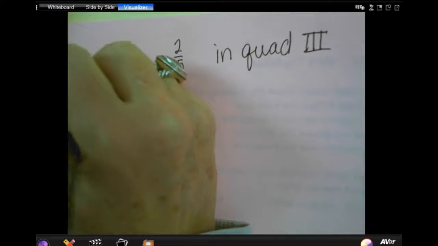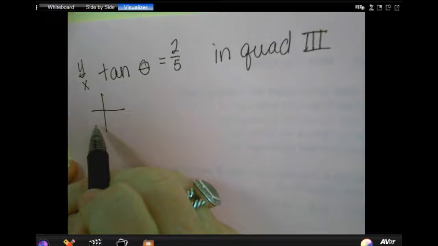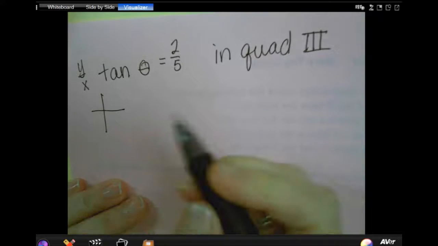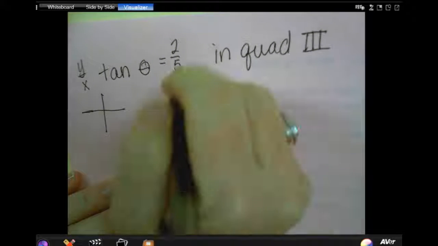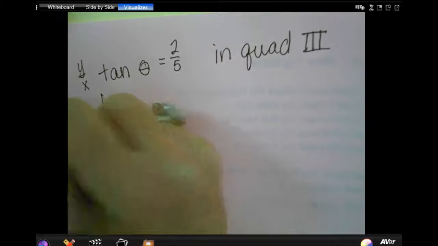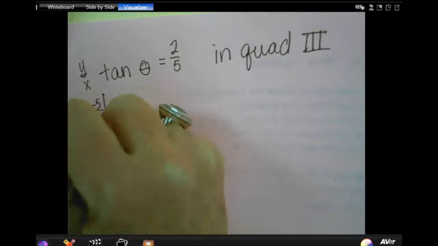Tangent is y over x. If it's y over x, but it's in the third quadrant, what's true about the y and the x? They both have to be negative. So on top is the y, and this one is the negative 5, and this is the r.